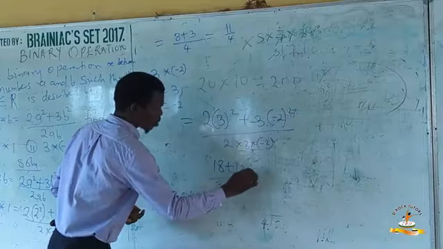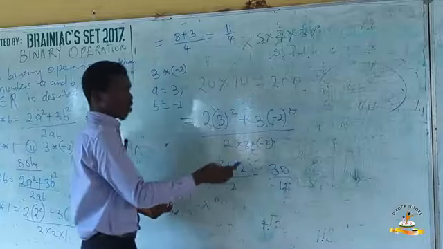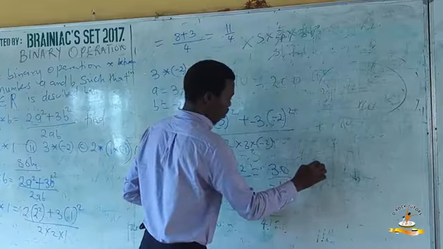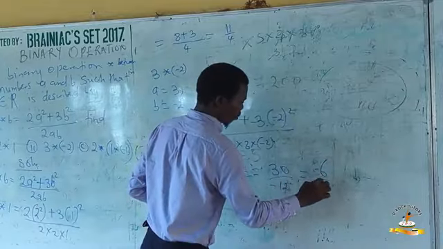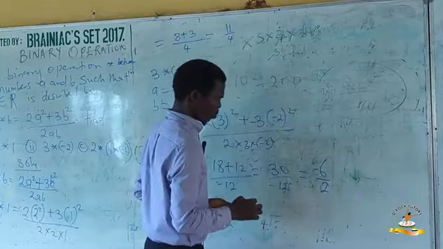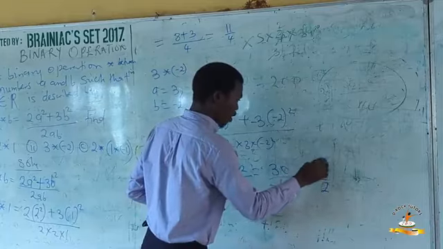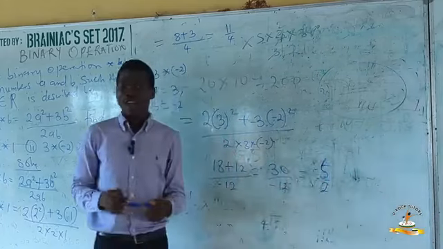And this is going to be 30 over minus 12. And you see 6 can go. Minus 5 over 2, and that's your result.